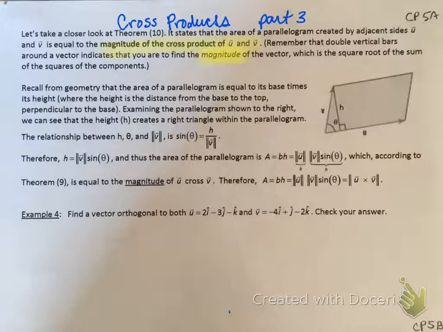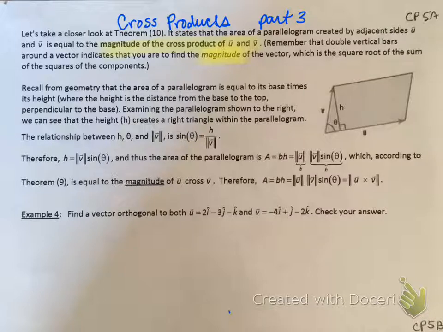Therefore, h is equal to the magnitude of vector v times sine theta, and thus the area of a parallelogram is area equals base times height, which equals the magnitude of u times the height, which is the magnitude of v times sine theta, which according to Theorem 9 is equal to the magnitude of vector u cross v.